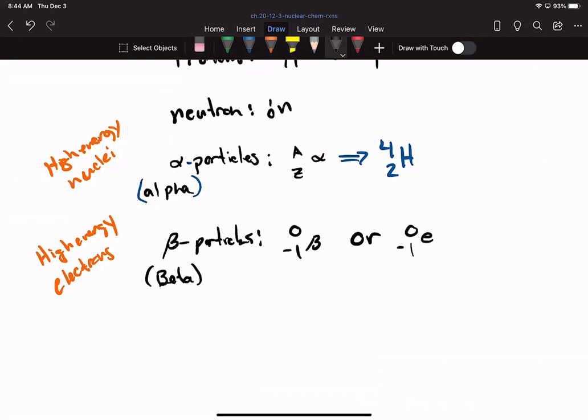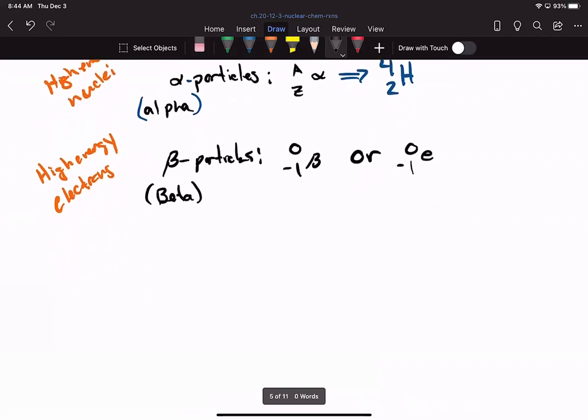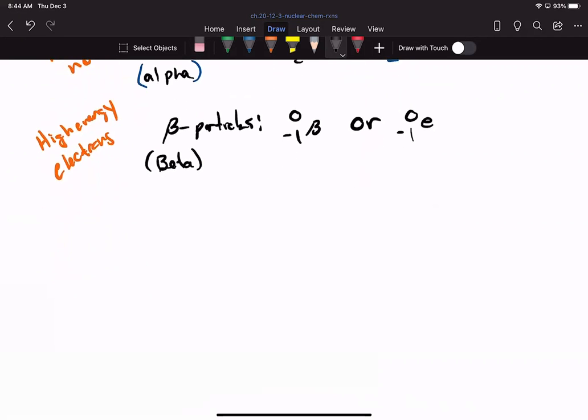And then we have one more symbol here. We can have what we call positrons, right? A positively charged electron.